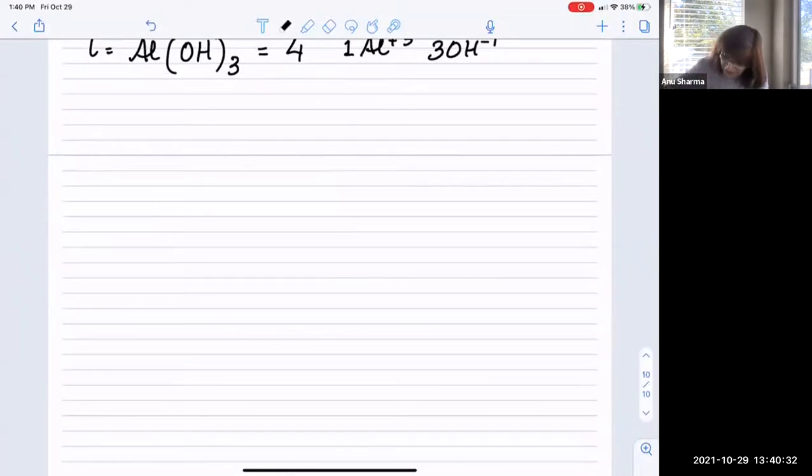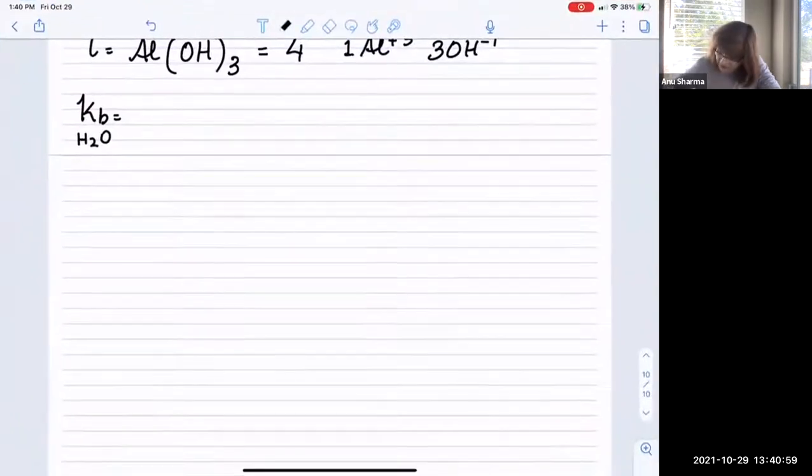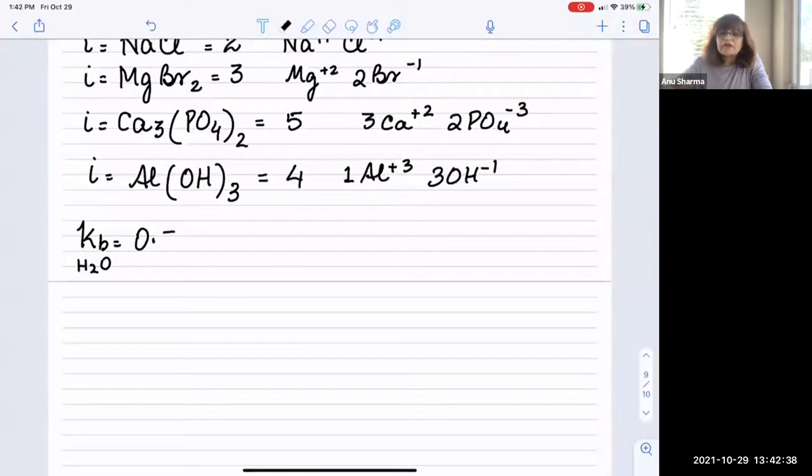So now the value of Kb, the change in the boiling point for water. Kb, the ebullioscopic constant of water, is equal to 0.52 degrees Celsius kilograms per mole.